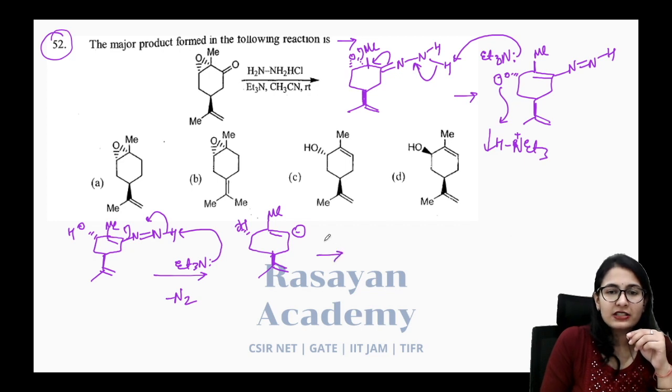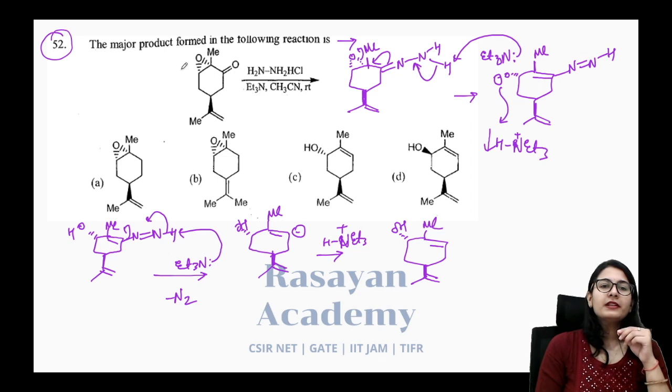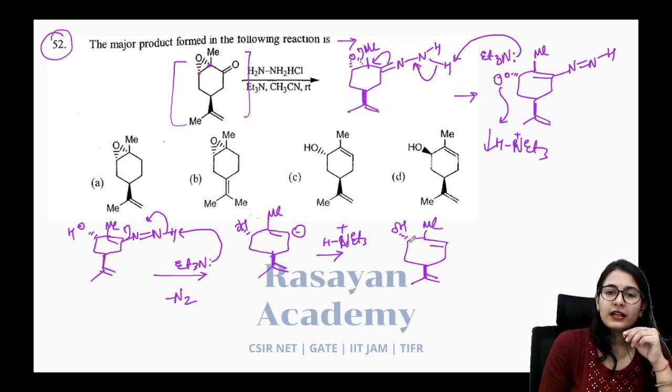This negative charge can further take away the proton from the protonated base. Okay, so this is your product. From this molecule, what have you got? You had this alpha beta epoxy carbonyl, which has now got reduced to the allylic alcohol over here. This is your Wharton reaction.